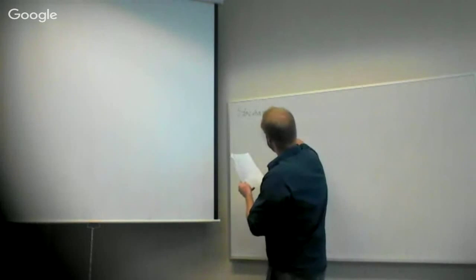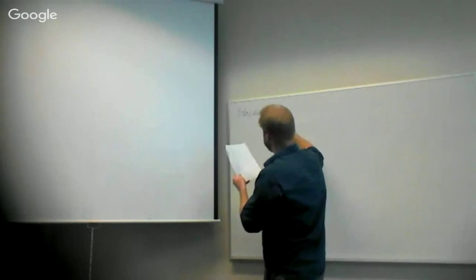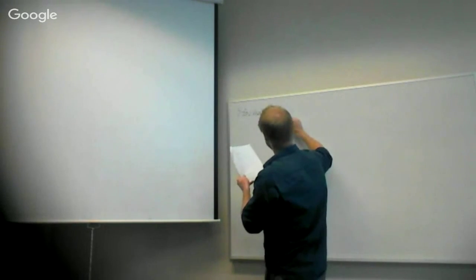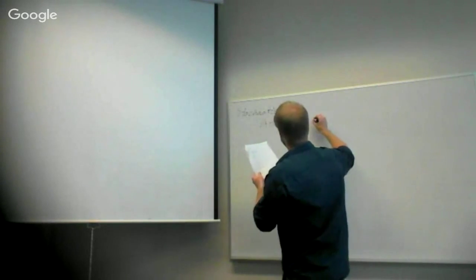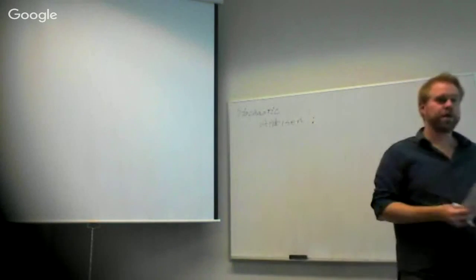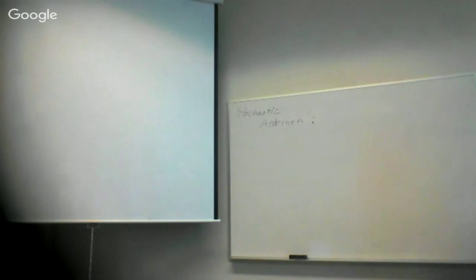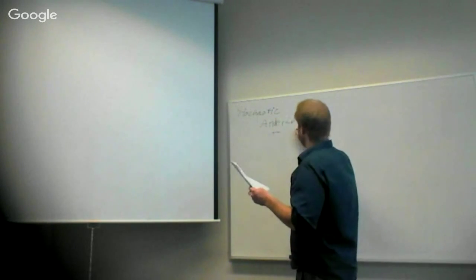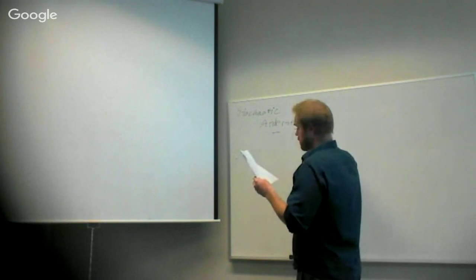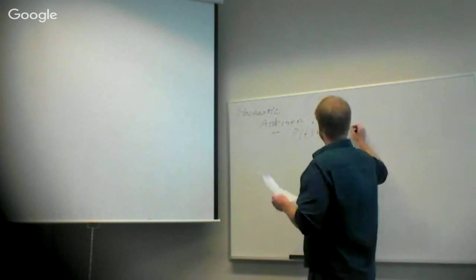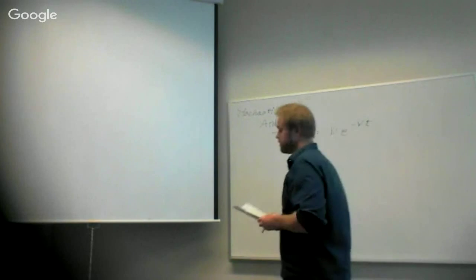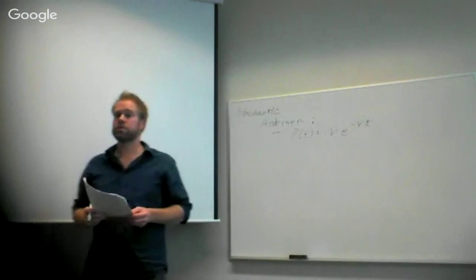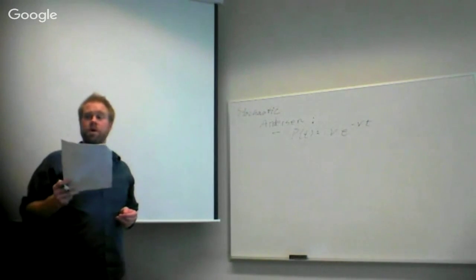And so the first MD thermostat proposed was called the Andersen thermostat. And the idea behind this is that you have periodic collisions. And the frequency of those collisions is selected from a Poisson distribution. Okay?